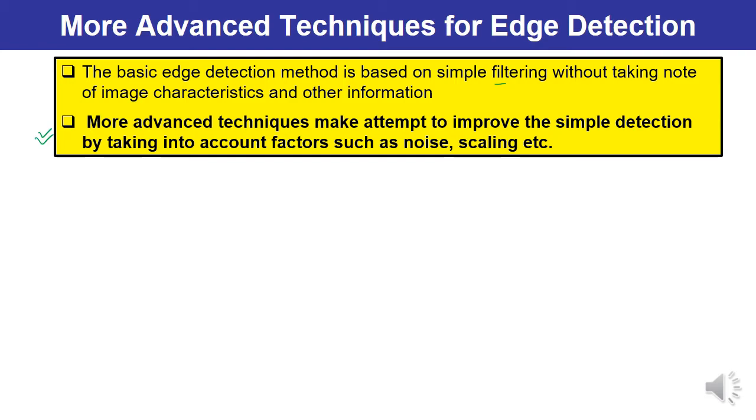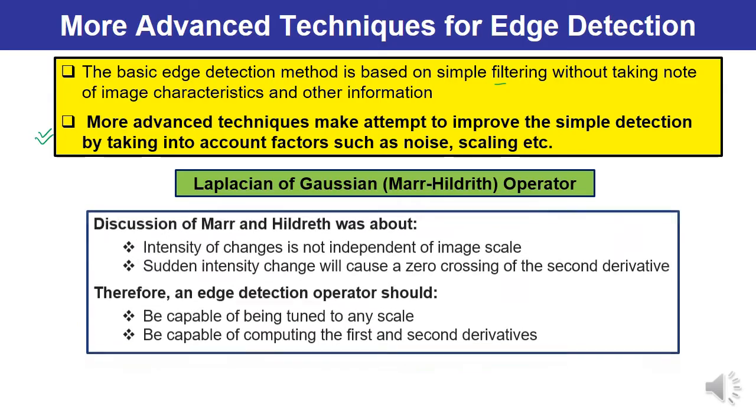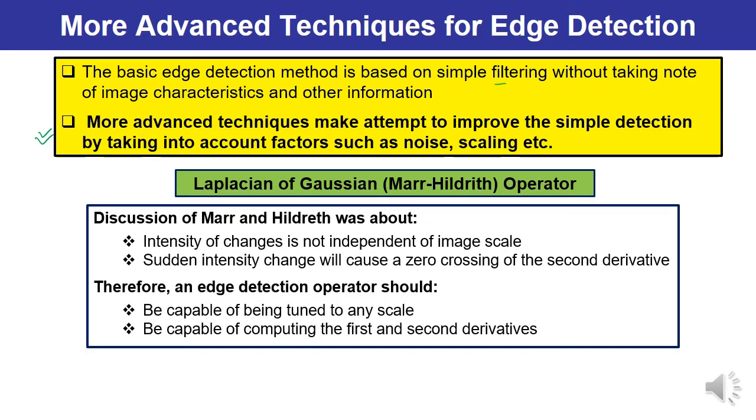Let us discuss the first technique, which is the Laplacian of Gaussian, the Marr-Hildreth operator. What is this operator? This is derived on the basis of the discussion between two persons, Marr and Hildreth, who discussed that the intensity changes are not independent of image scale.